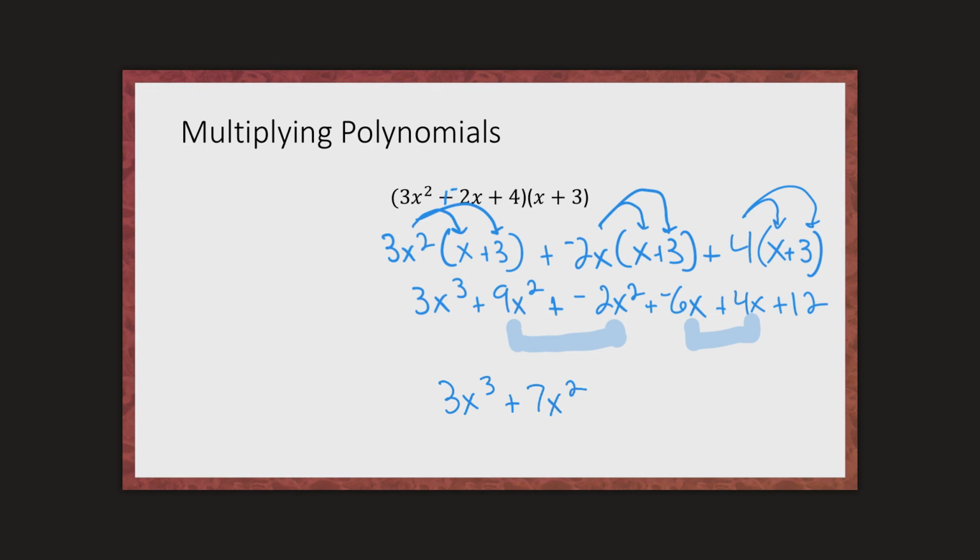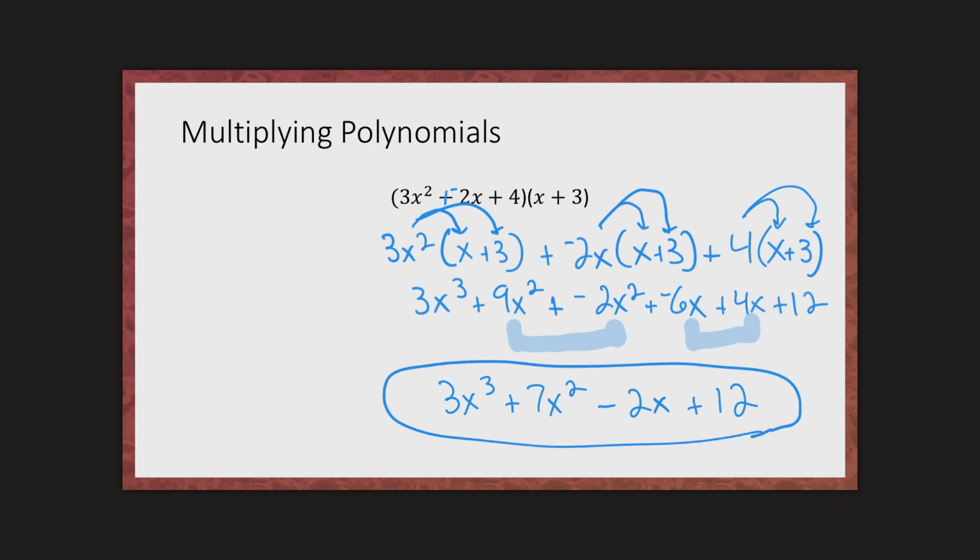Then negative 6x plus 4x is minus 2x, or plus negative 2x, either way. And then the 12 had no like terms, so plus 12. And even now, my answer is in standard form, and it's completely acceptable. 3x to the third plus 7x squared minus 2x plus 12.